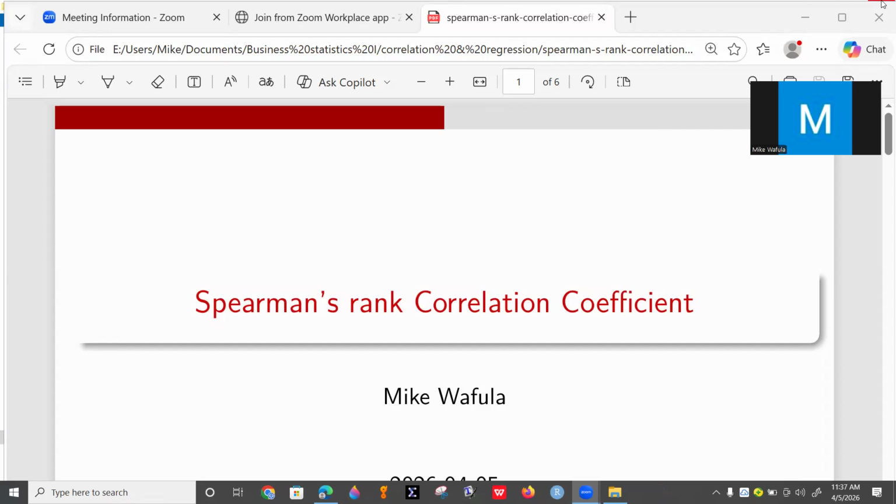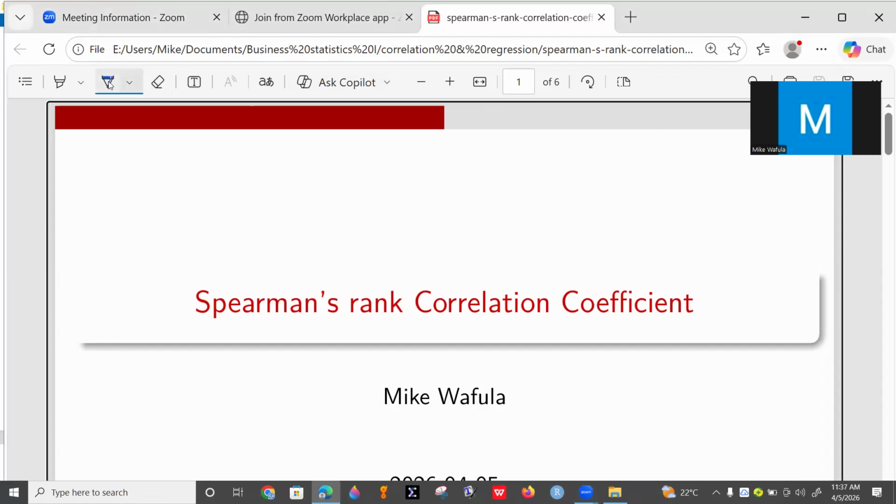In our last session, we introduced the concept of correlation, and we spent some good time explaining the concept of correlation as used in statistics. And we said that correlation seeks to determine the relationship or the level of association between two variables.